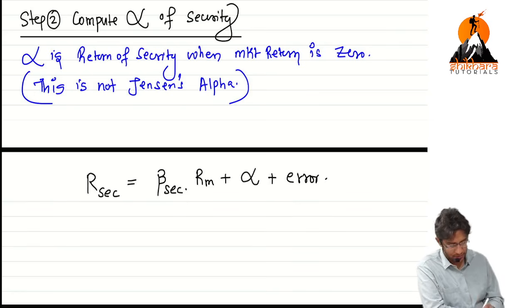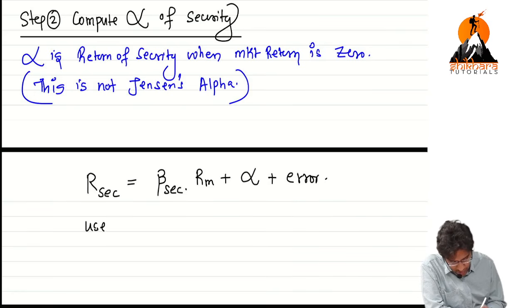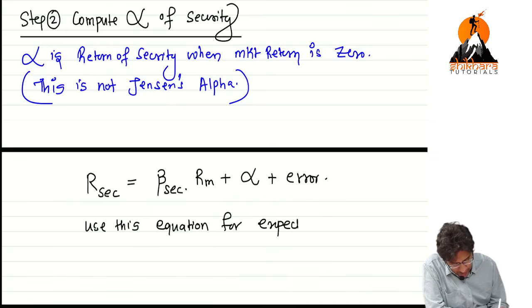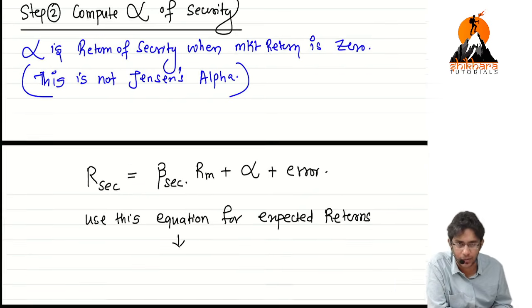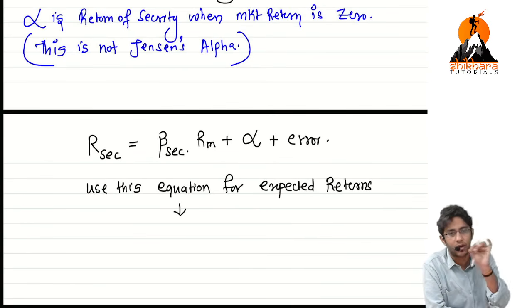In this, use this equation for expected returns. What is the meaning of using this equation for expected returns? Means everywhere put bar.